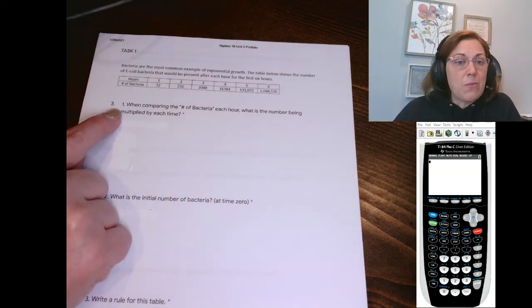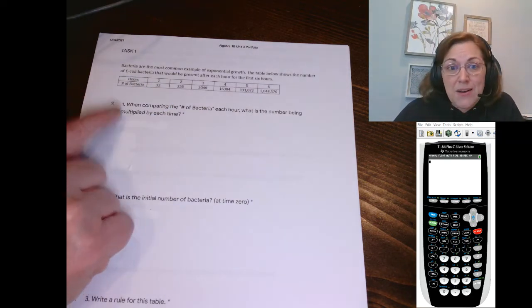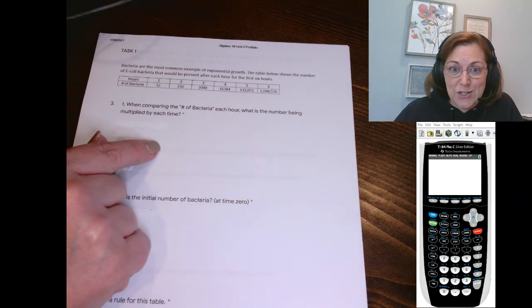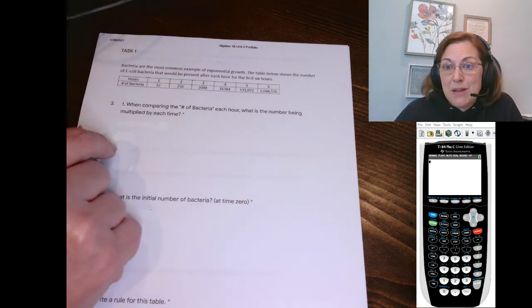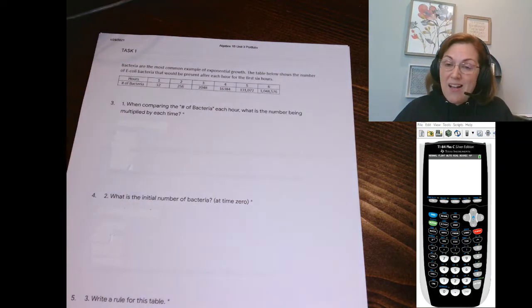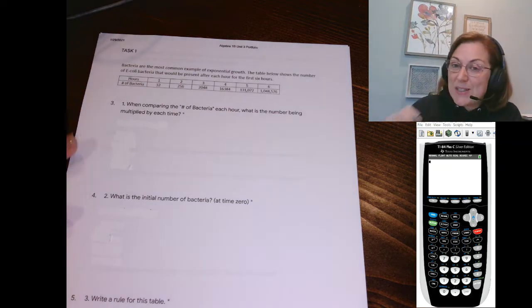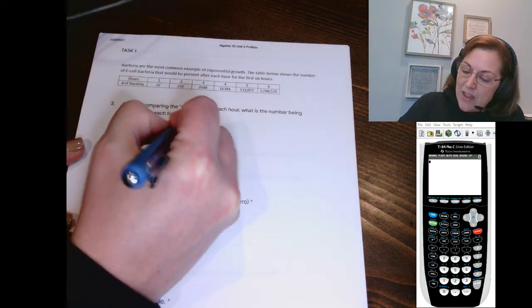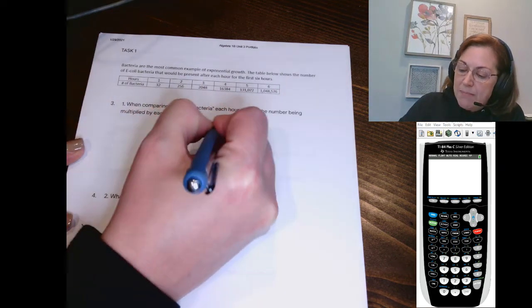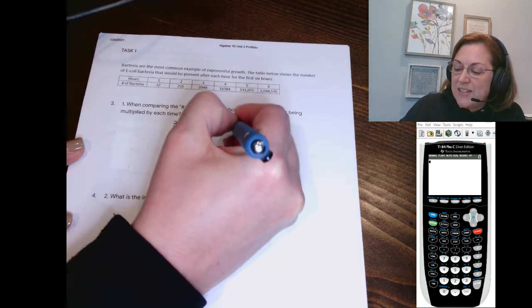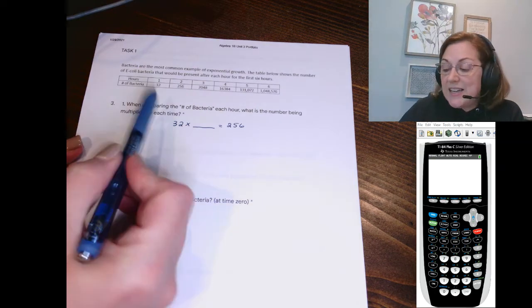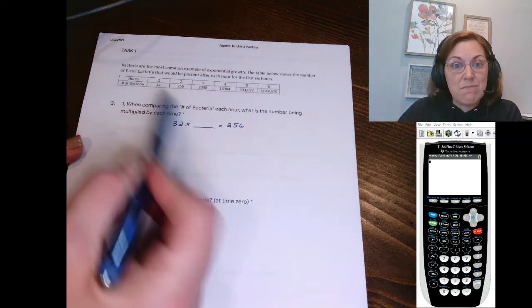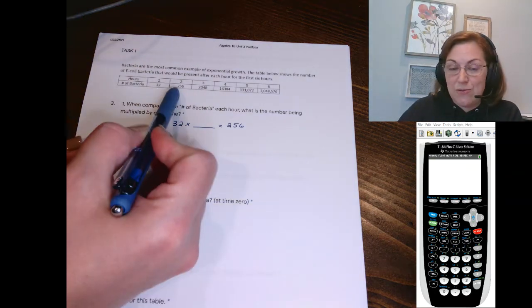So, number one is asking us when we compare the number of bacteria in each hour, what is the number being multiplied by each time? Let me translate that for you. What that's really saying is if we take 32 and we multiply by some number, we get 256. If we take the number of bacteria we had after hour one, multiply by a number, we get 256.